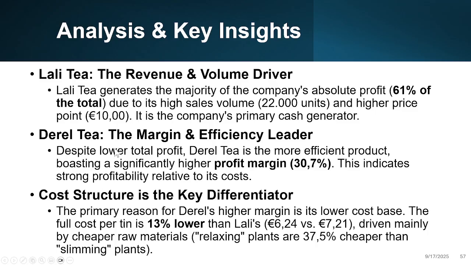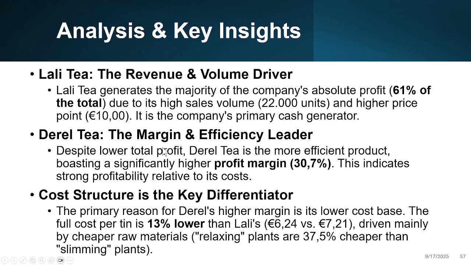So we take a little bit of time to analyze the insights of the company. Lally Urban Tea generates the majority of the company's absolute profit, 61% of the total, due to its high sales volume and higher price point. We can say that it is the company's primary cash generator.